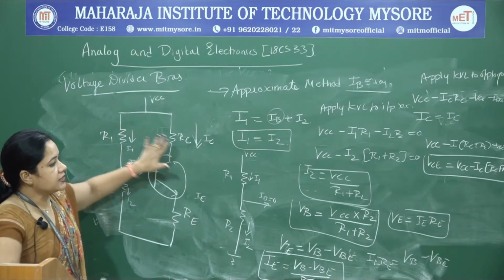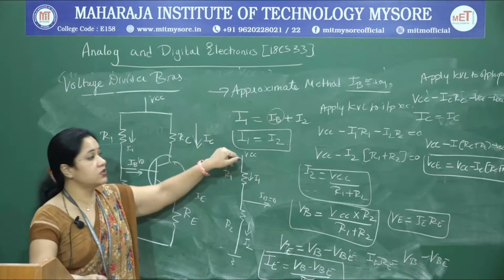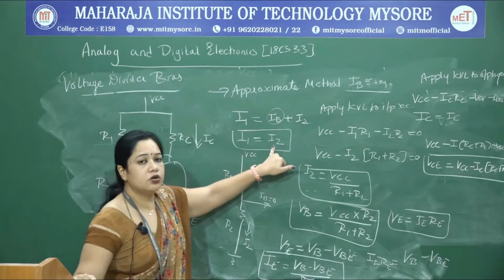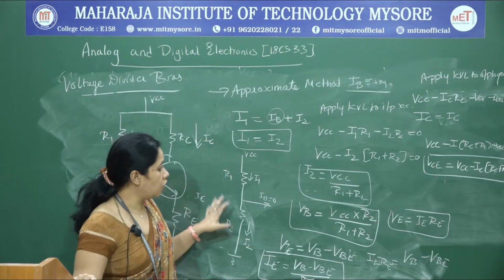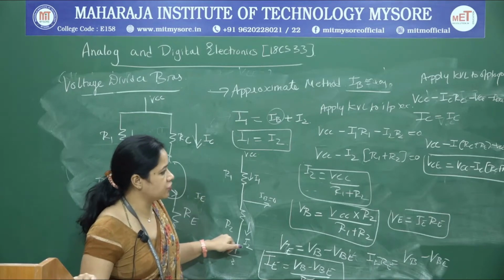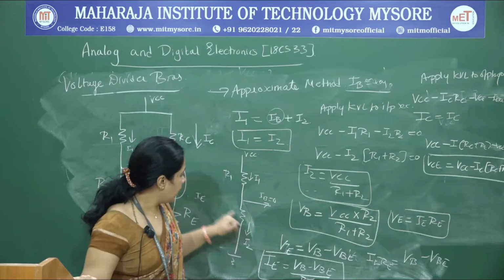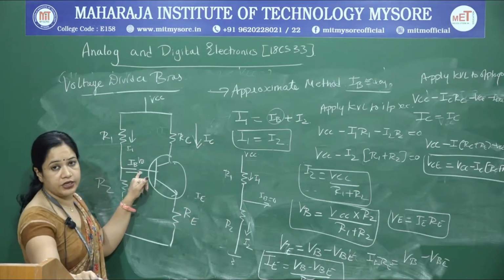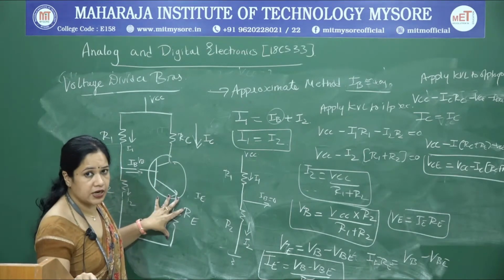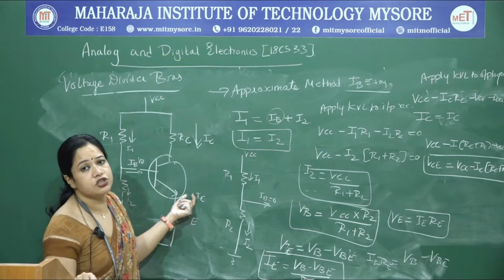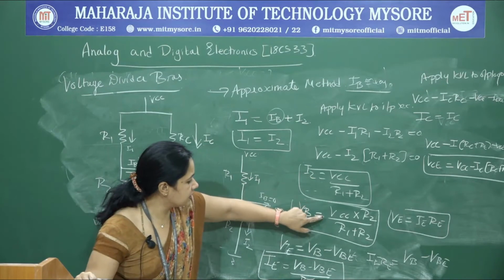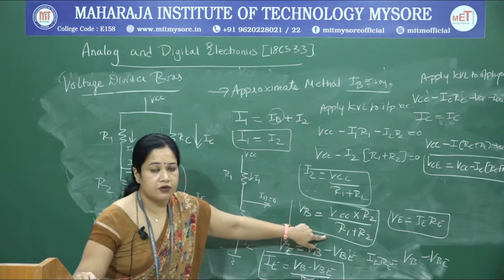So, this analysis is done by considering an approximation wherein I assume base current is very small, which gives me I1 is equal to I2, resulting in this circuit. My intention is to determine the output current. So, I apply KVL to the input section, obtain an expression for I2, and with this I can determine the voltage VB. If I consider the voltage drop across RE, it is IE into RE, and I get IE is going to be VB minus VBE by RE, where VB is VCC into R2 divided by R1 plus R2.